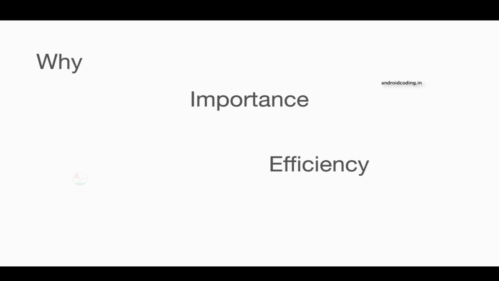So you can divide them and make these API calls based on the screens where they are actually required, and reduce the amount of time the user spends on a single screen. And also you can store the information for further use, and all these things add up to the efficiency of your application.